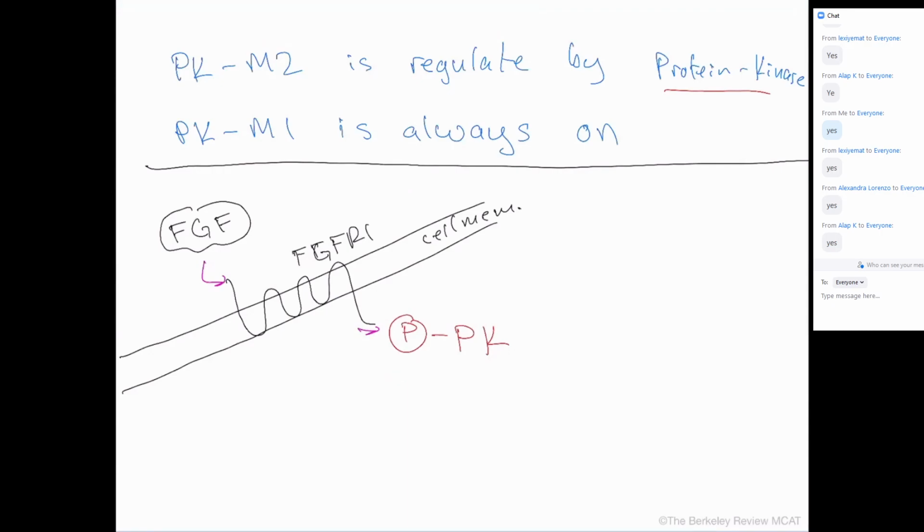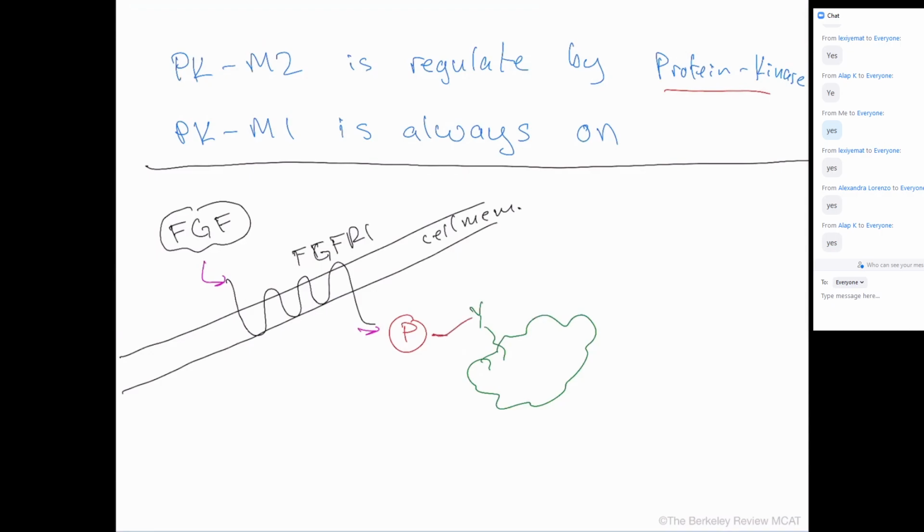Maybe I'll draw this a little clearer. So you have your protein, and we'll draw it green. And you have this tyrosine residue, Y, that can get phosphorylated.